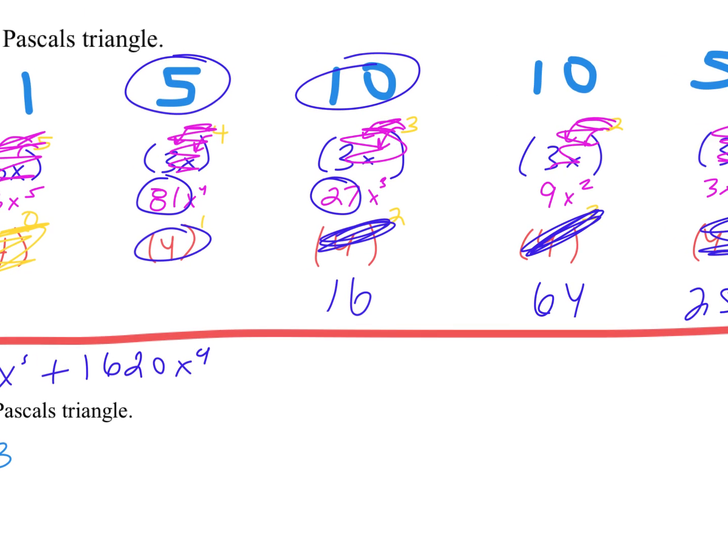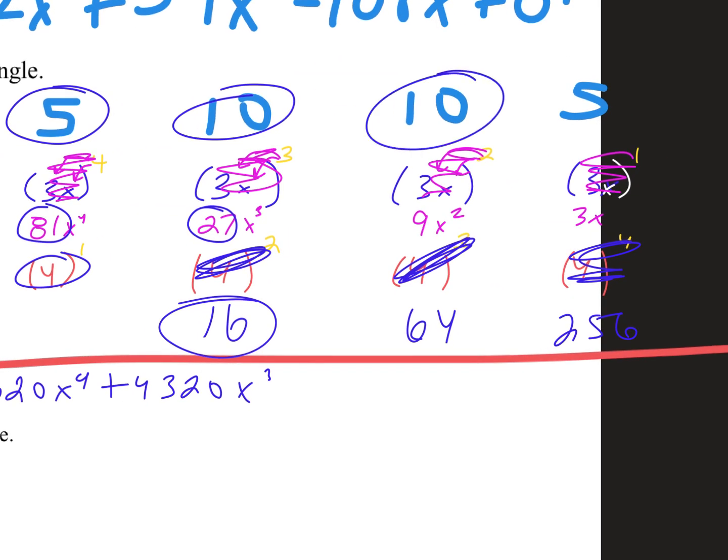So now when you multiply down, what's 10 times 27 times 16? 4,320 x to the 3rd, right? So now you have 10 times 9 times 64.